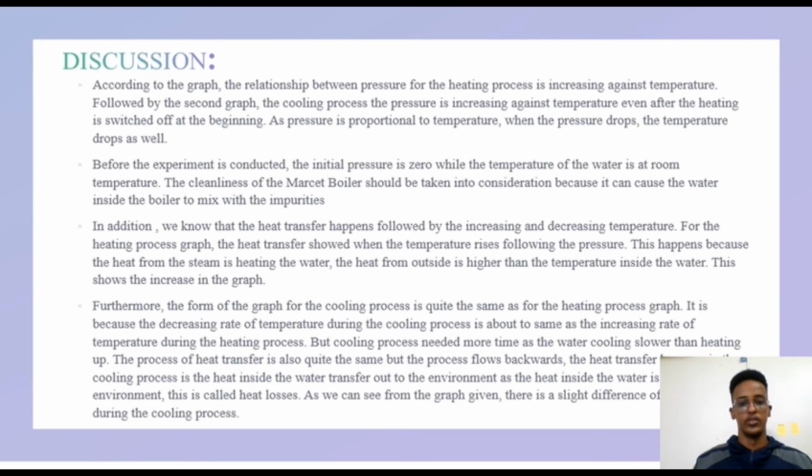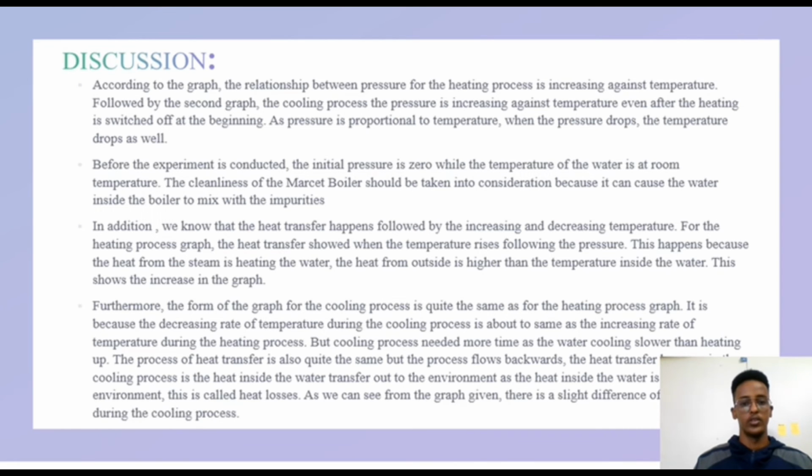The next point is, before the experiment is conducted, the initial pressure is 0, where the temperature of the water is at room temperature, and the cleanliness of the MARCET boiler should be taken into consideration because it can cause the water inside the boiler to mix with impurities. We also know that heat transfer happens along with the increasing and decreasing temperature.